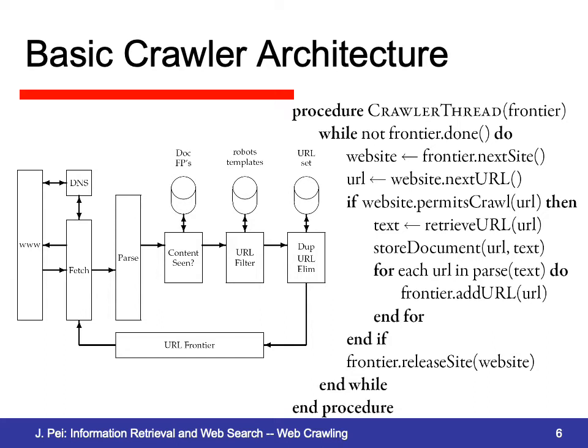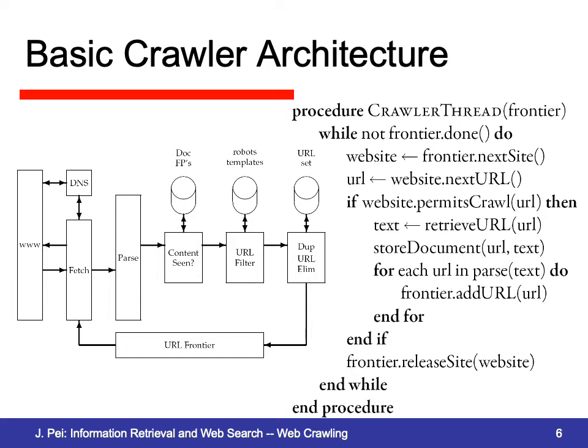Next, the URL passes through the custom URL filter. That is, for example, to exclude URLs belonging to blacklisted sites or URLs with particular file extensions that are not of interest.